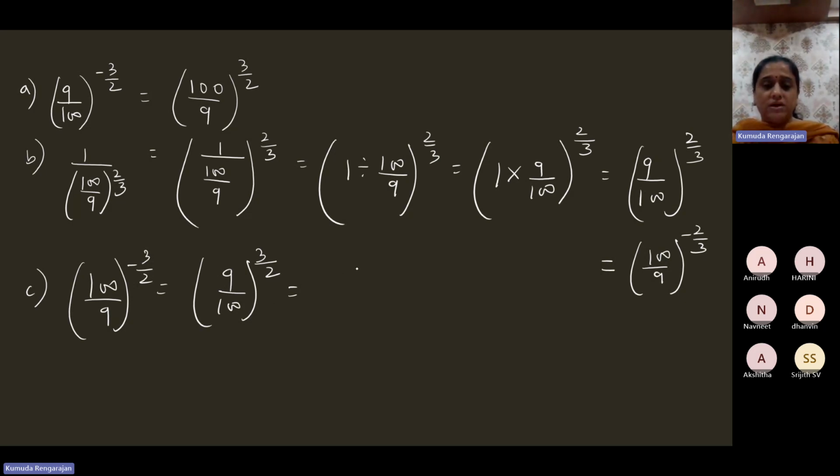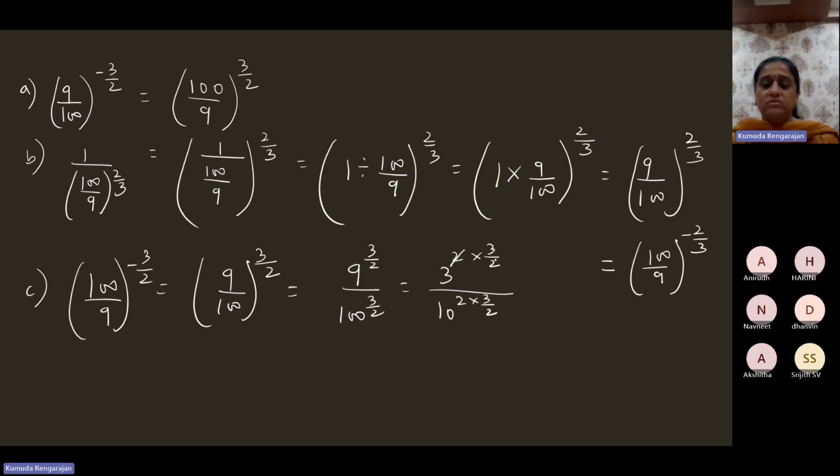So now this is nothing but 9 to the power 3 by 2 by 100 to the power 3 by 2. 9 is 3 squared, and we know when there is more than one power, we multiply the powers: 3 squared to the power 3 by 2. And 100 is 10 squared into 3 by 2.